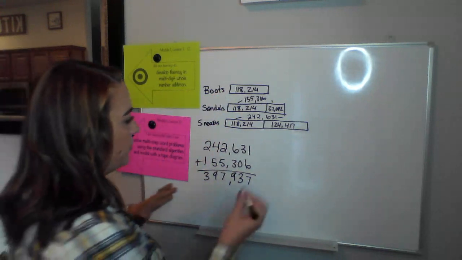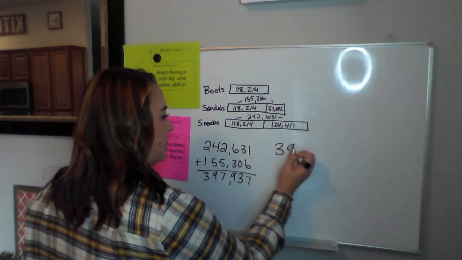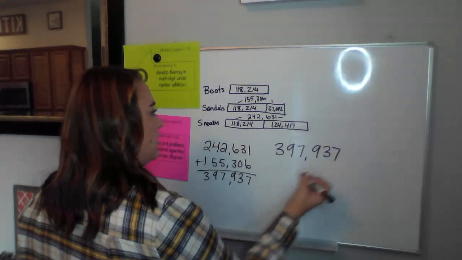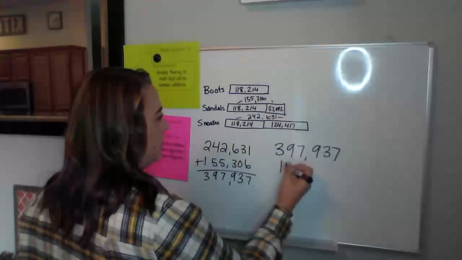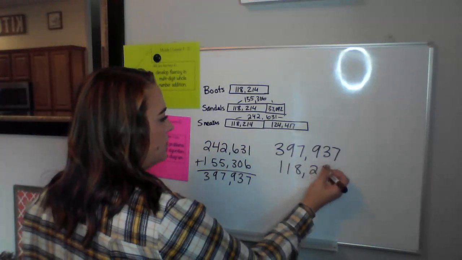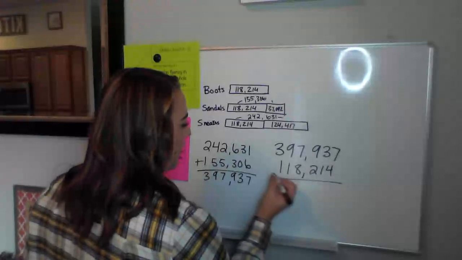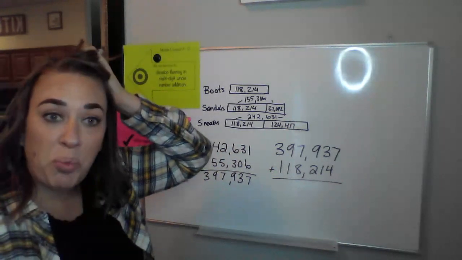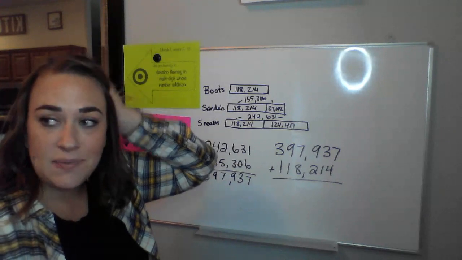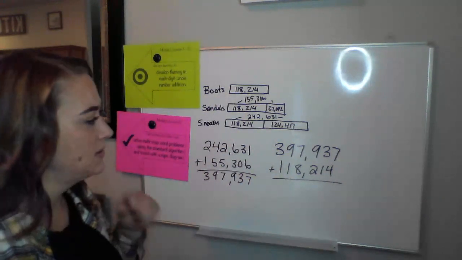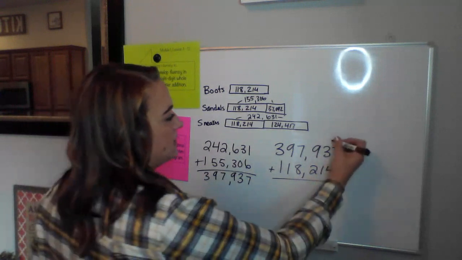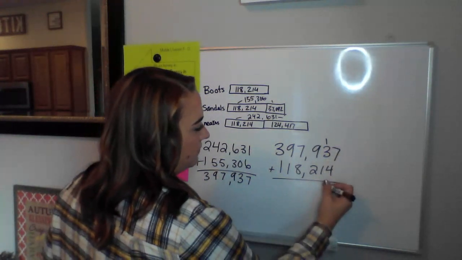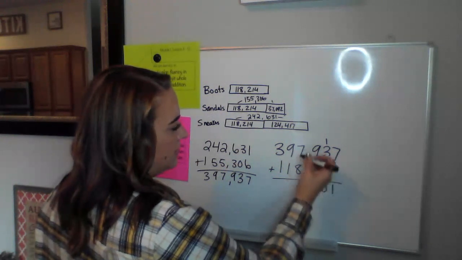So I'm going to take this total, lots of steps in this problem, and add my boots, 118,214. Okay, so our last step, and we're going to get our answer. You should be a pro with addition if you are doing this with me, because we've had to do a lot of big numbers. Okay, 7 plus 4 gives me 11. 3, 4, 5. 9 plus 2 gives me 11.